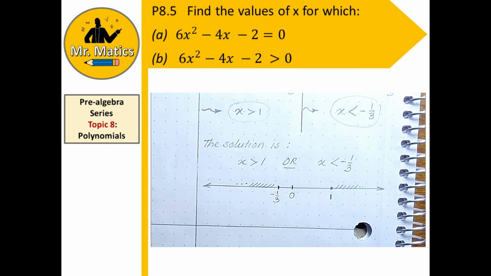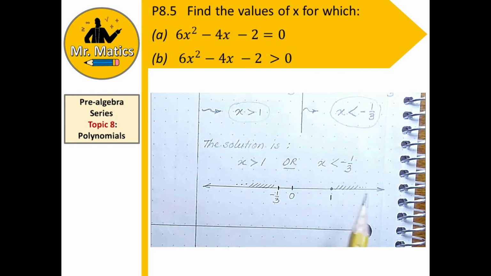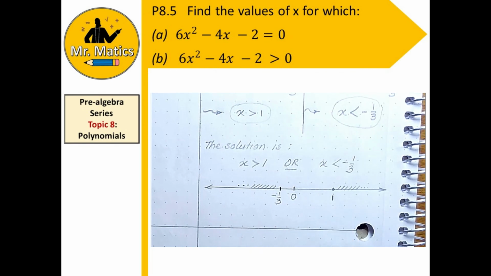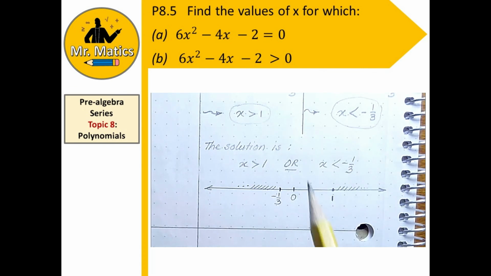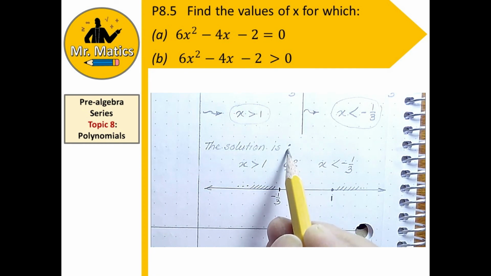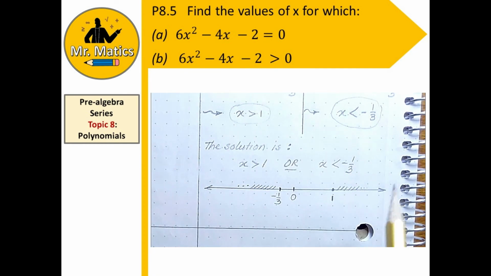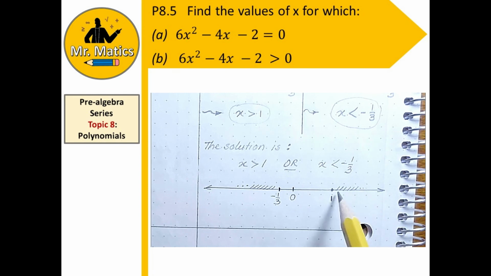So you can pick a solution and see if this makes sense. Let's try a number which is, for example, x equal to 2, which is on the hashed side of 1.